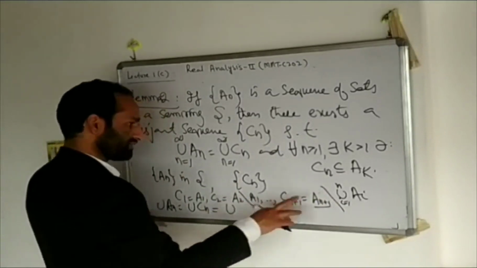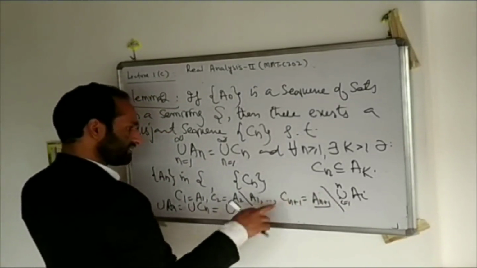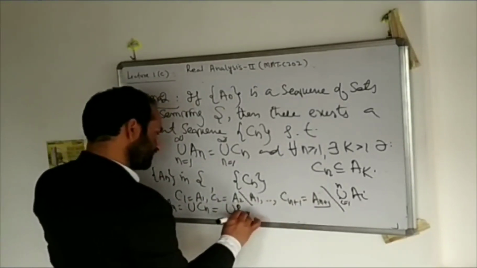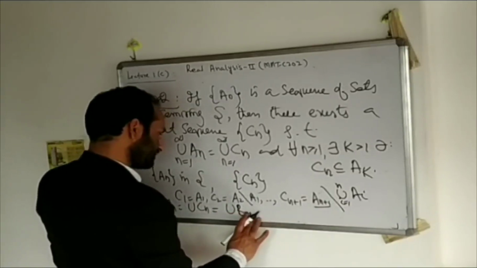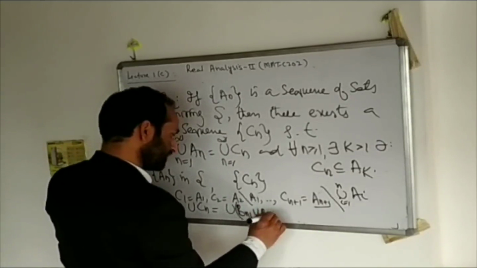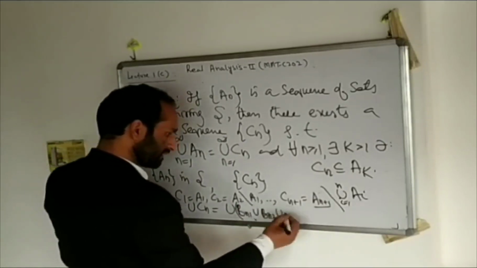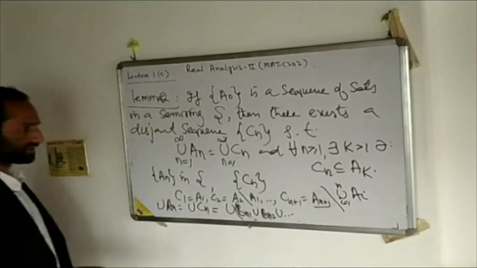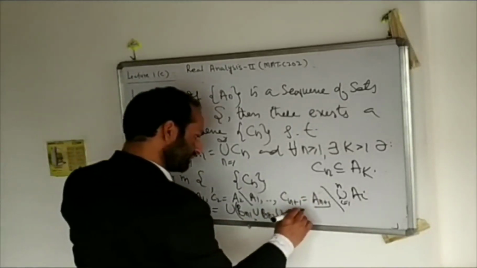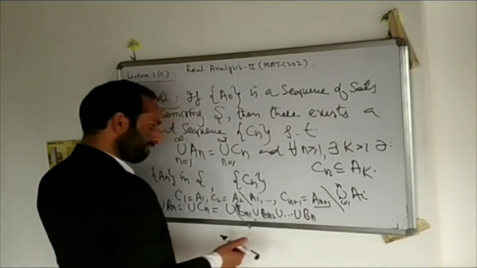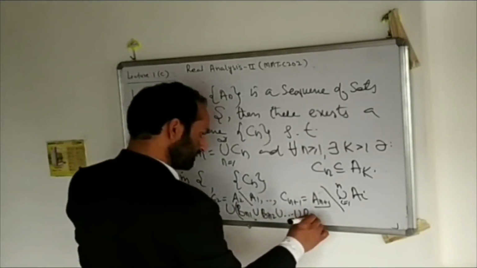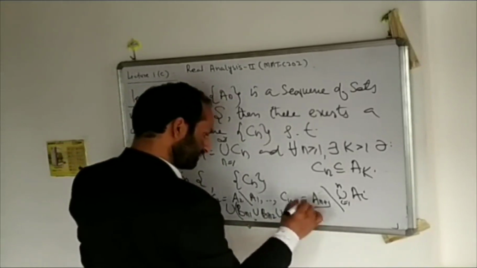So we can write this Cn as Bn1 union Bn2 and so on up to Bnm. It's not infinity, it's finite because it is a finite disjoint union.